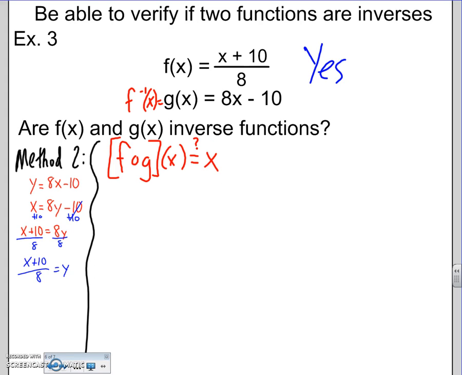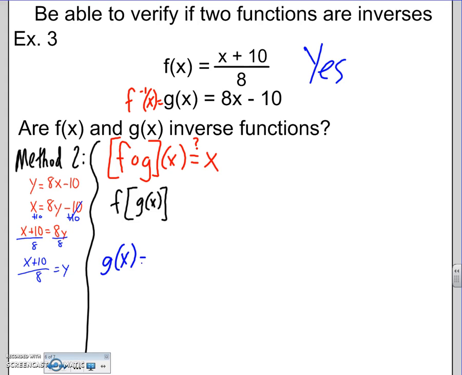So let's check that out. Well, you know f of g of x means f of g of x. All right? So I'm going to go to equation g and plug in x. Let's do it right down here, since I did it before. I'm going to do g of x.